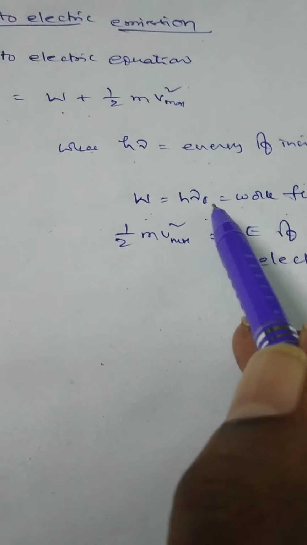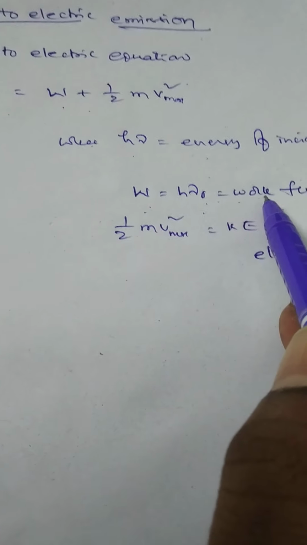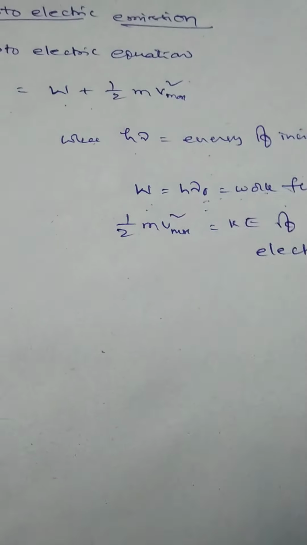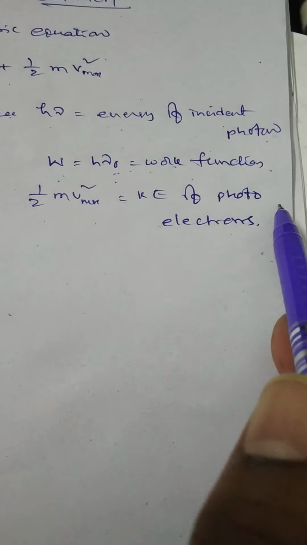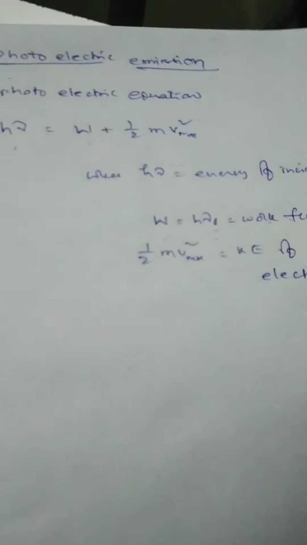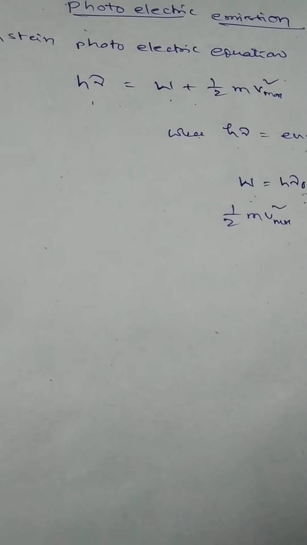The value of work function depends only on the nature of the material, the nature of the surface of the material. Half m v maximum square is equal to the maximum kinetic energy of photoelectrons emitted from the metallic surface. So here I will explain some problems based on Einstein theory of photoelectric equation.